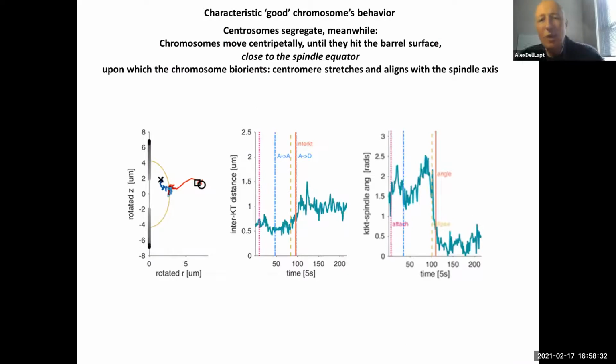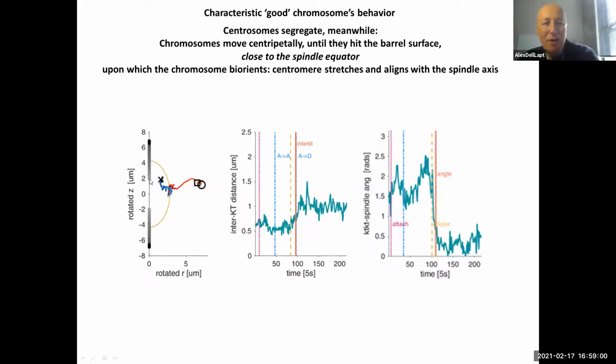Now when we started to look at individual trajectories of the chromosomes in the framework of the spindle, we discovered that the trajectories can be separated by eye into two classes, good ones and bad ones. The good ones look like this. The chromosome starts far from the spindle and then starts moving to the center of the spindle.